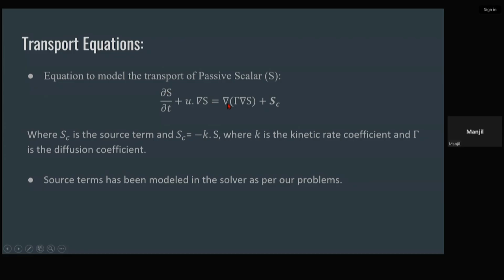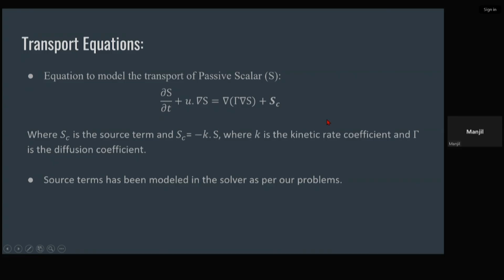S is the scalar, the diffusivity is the diffusivity constant, and SC is the source term. The source term basically means, for the first order and for one single reactant, the source term would be minus Ks, depending upon whether it is RA or RB. If scalar one is converted into scalar two, then scalar one would have a negative sign, whereas scalar two is being produced, so it would have a positive sign.